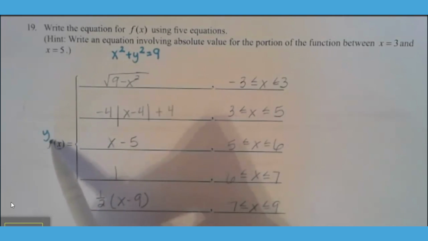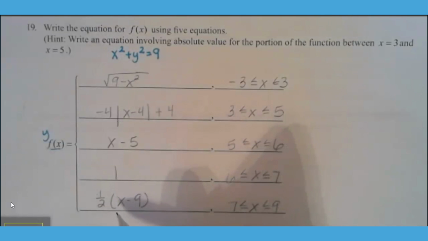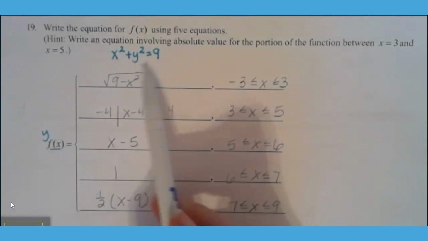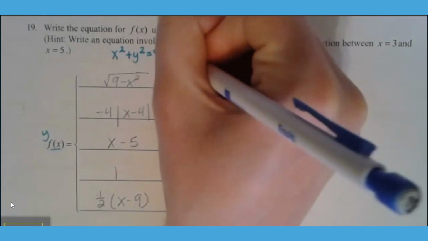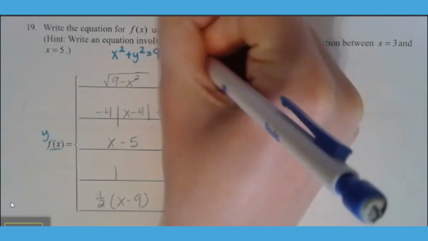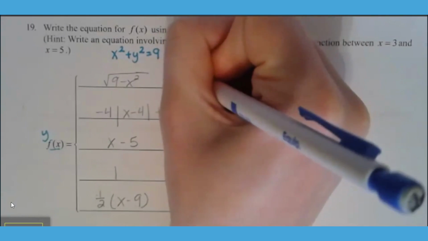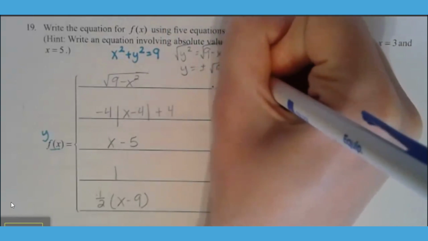And as well, this is solved for f of x. This is being solved for y. So all of these function equations need to be solved for y. So our students need to take our equation of the circle, subtract the x squared, take the square root, and get that y is equal to plus or minus the square root of 9 minus x squared.